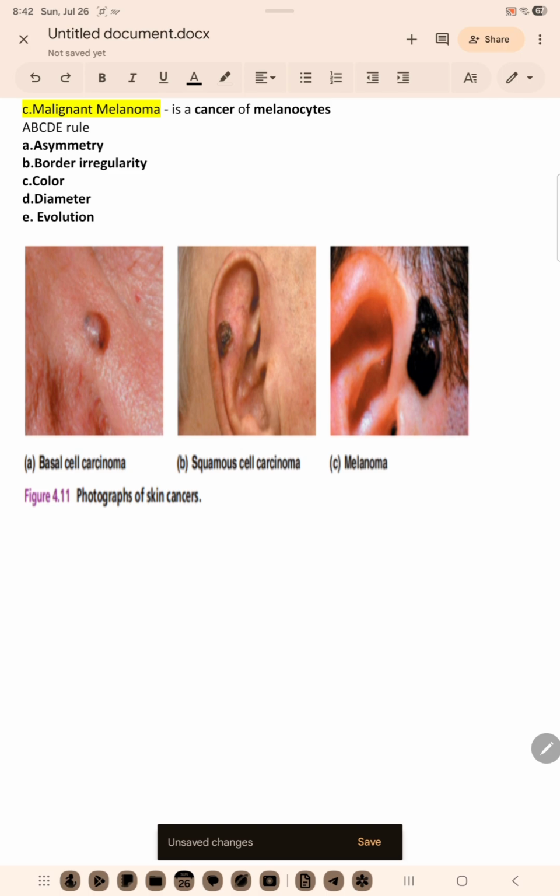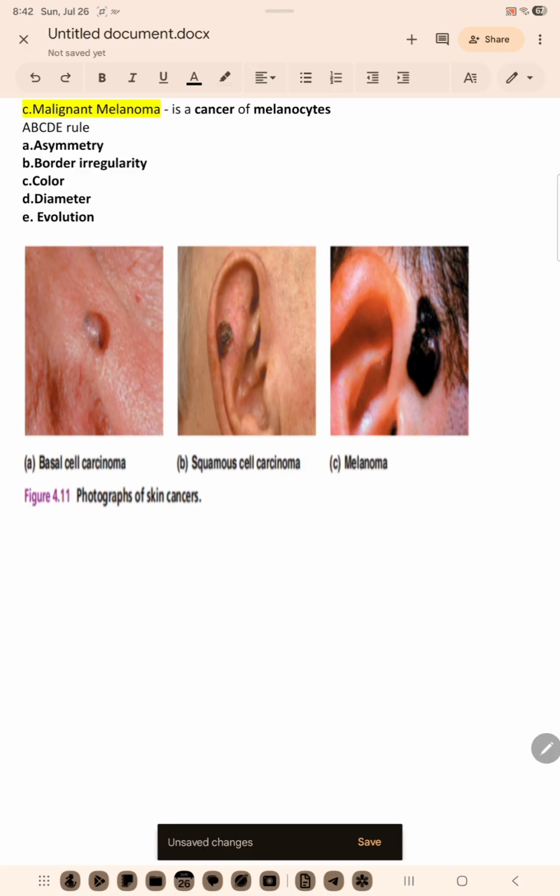We have here the ABCDE rule: asymmetry, border irregularity, color, diameter, and evolution. That's how we know that a person has malignant melanoma, by having this ABCDE rule.